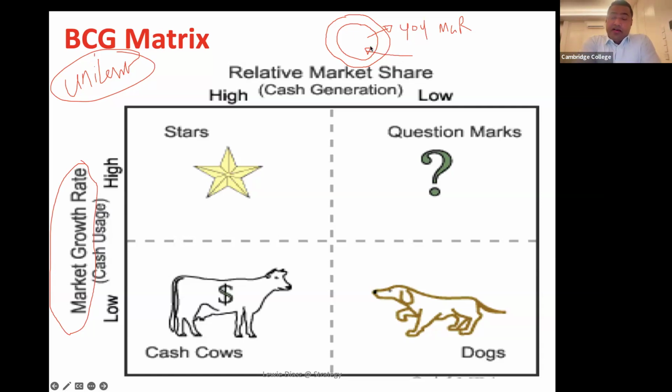Now, this is a very difficult thing to analyze. You need a lot of data, and that's where companies like AC Nielsen, LMRB in Sri Lanka, and BMRB in Britain, the British Market Research Bureau, TNS, these are research companies who specialize in what we call retail audits.